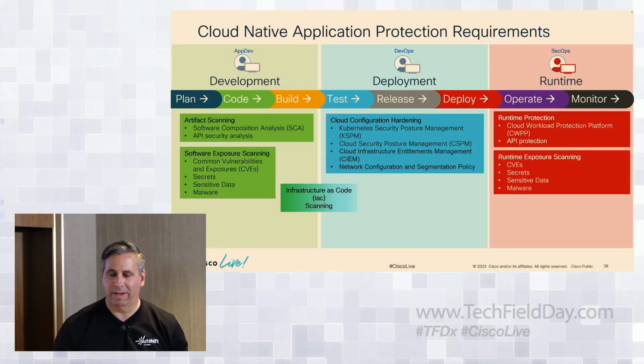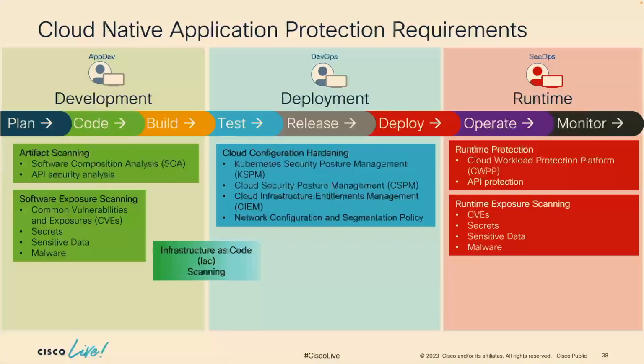Then just to summarize before I'm out of time completely, there's a number of requirements for cloud-native application protection to really make it effective. We've got to look at tools that help the developers make security-conscious decisions in the software selection, in the APIs and how they're coded. We demonstrated that when we talked about Panoptica, or even somewhere in between development and deployment when we're using infrastructure as code.